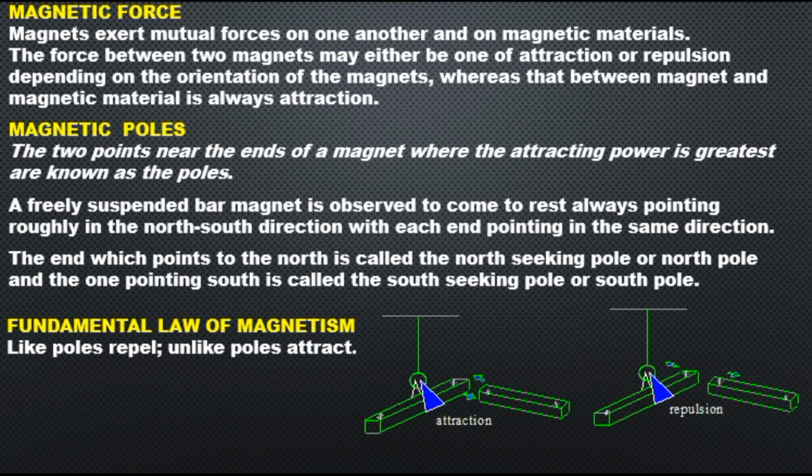The end which points to the north is called the north-seeking pole or north pole, and the one pointing to the south is called the south-seeking pole or south pole. Fundamental law of magnetism: like poles repel, unlike poles attract.